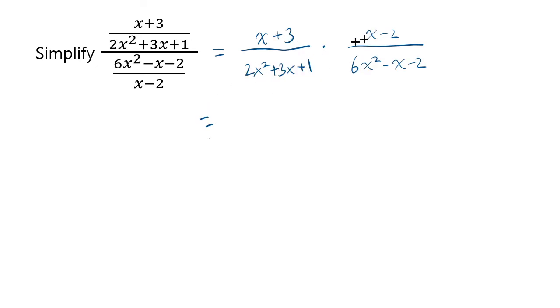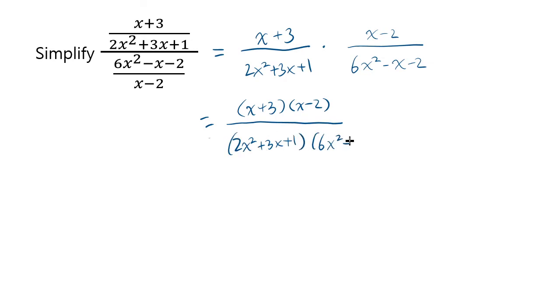Multiplication of fractions is top times top, so it's x plus 3, x minus 2. We're trying to cancel factors, so don't multiply this out. 2x squared plus 3x plus 1, 6x squared minus x minus 2.